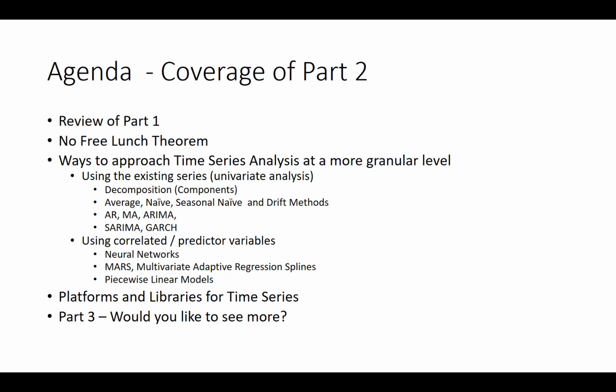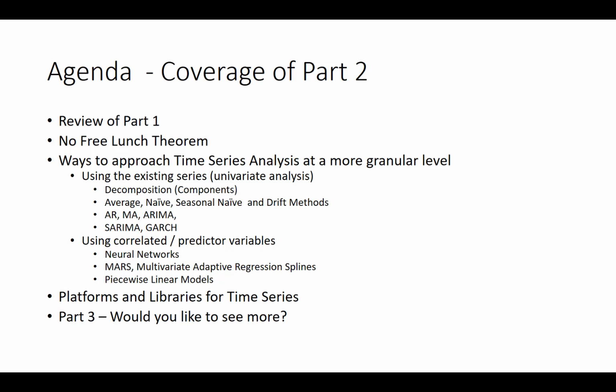So let's review what we did last time, part one, and then we're going to go into the no free lunch theorem, which I'm a big fan of, and then we're going to look at some ways to approach time series, just to let you know some of the things that are out there. Not that we're going to go into any detail really.